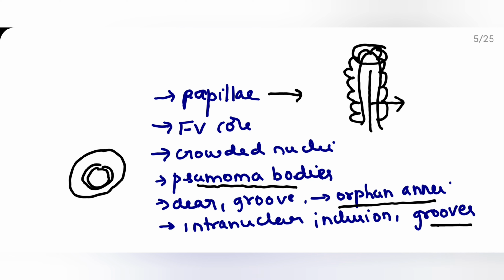Also you can see nuclear grooves. So there are papillae with fibrovascular core, crowded nuclei lining these papillae, psammoma bodies, intranuclear inclusion, nuclear grooves, and clear large nucleus compared to Orphan Annie.